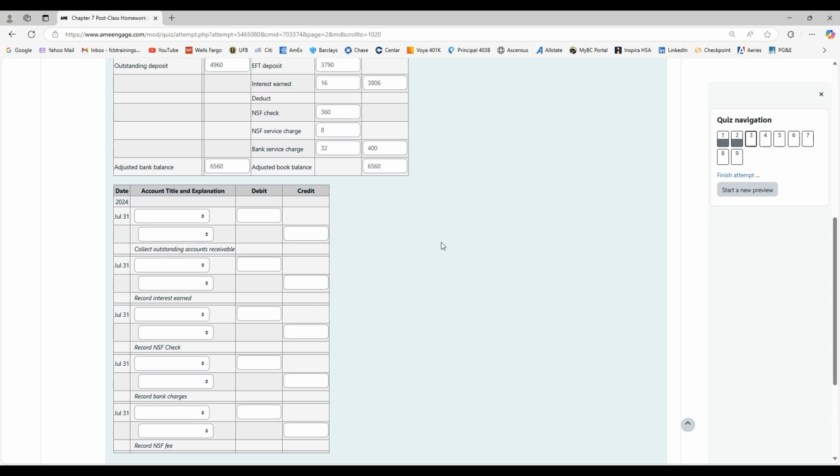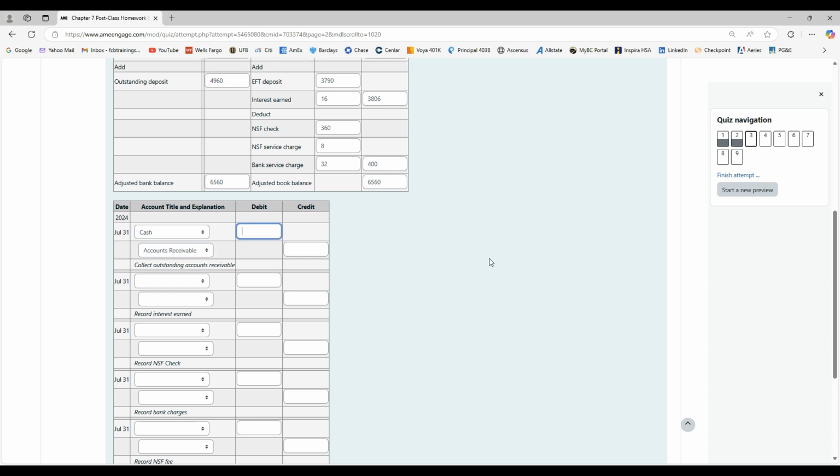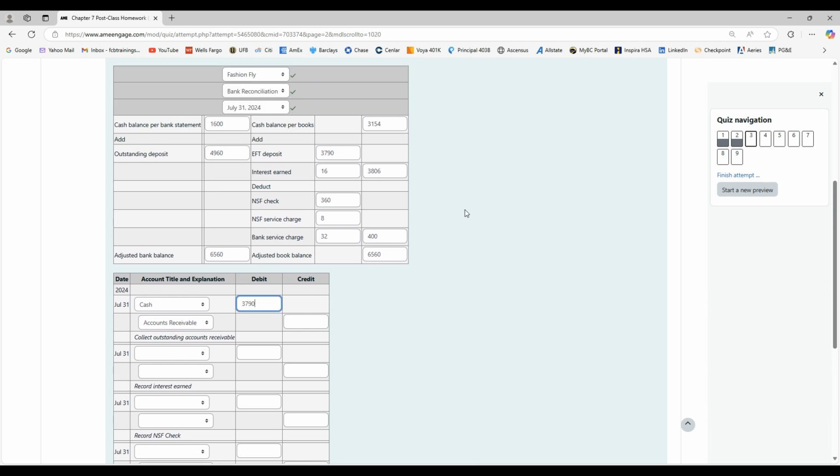Okay, and then let's just do our journal entries here. So we collected on our accounts receivable. That was our EFT. We earned some interest, so that was cash and interest revenue. $16, big 16 bucks. We had NSF checks. Remember, that always goes to a receivable.